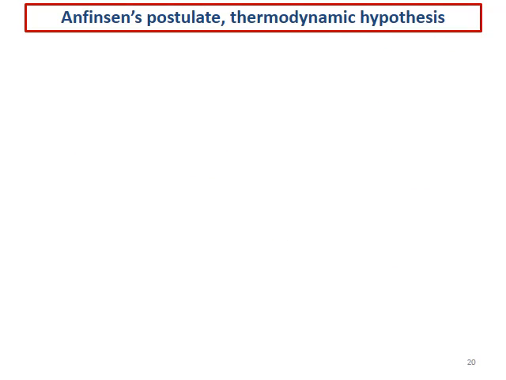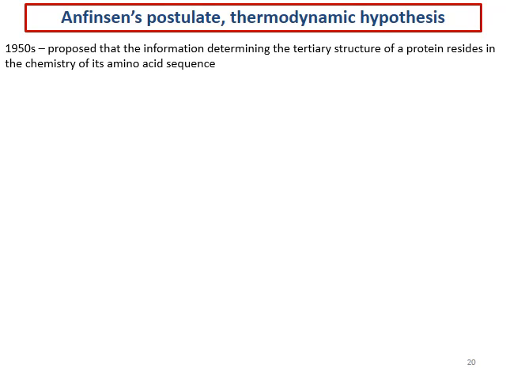A very important concept worth discussing at this point has become known as Anfinsen's postulate, and it's really based on thermodynamics. In the 1950s, Anfinsen proposed that the information determining the tertiary structure of a protein resides in the chemistry of its amino acid sequence.